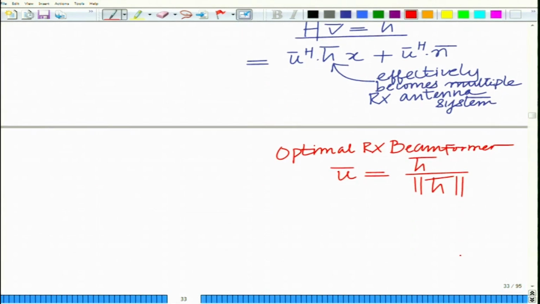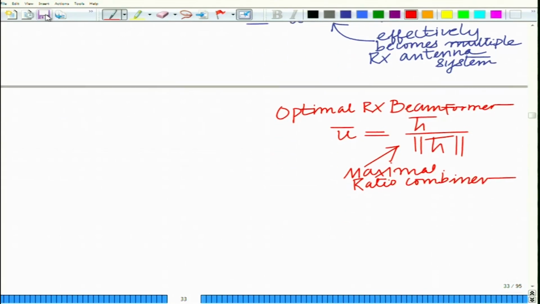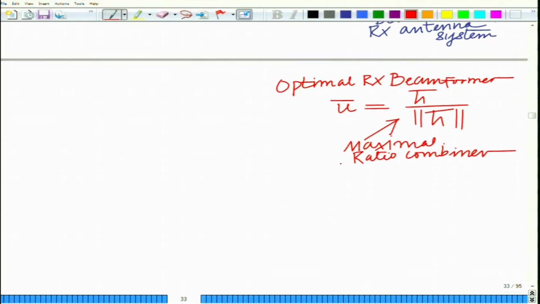This is your optimal beamformer, the maximal ratio combiner, and the output SNR of the maximal ratio combiner is given as norm H bar square P over sigma square.